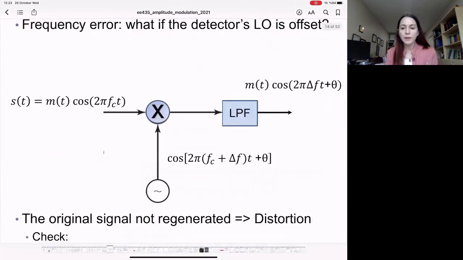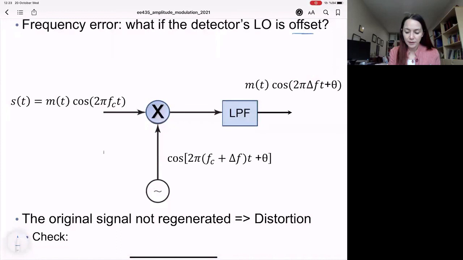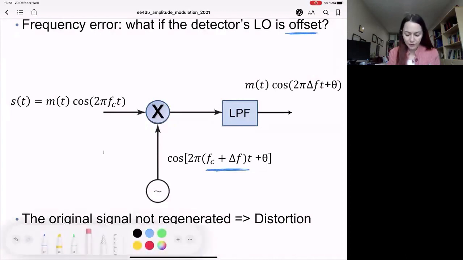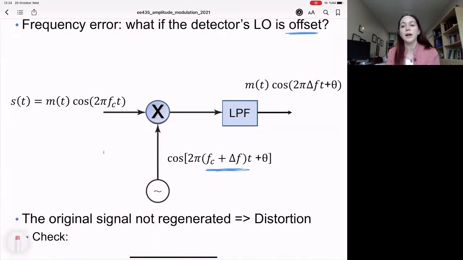Now, what happens if we had an offset at the local oscillator frequency so that it's a little bit off, plus there's a phase? Of course, there's always going to be a phase difference, right? At least, but sometimes we have a carrier frequency offset as well. And this is one of the major issues in actual communication systems. What happens in this case?